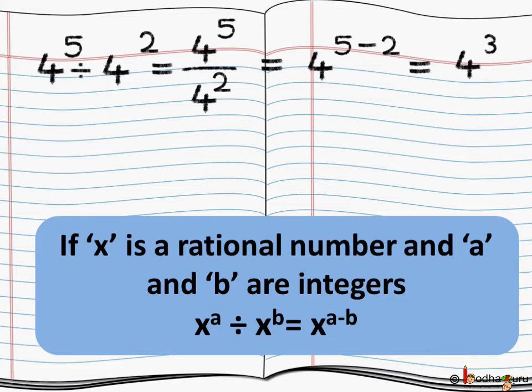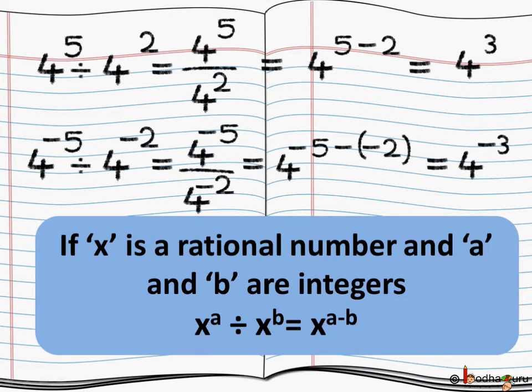So in this case, 4 to the power 5 divided by 4 to the power 2 is equal to 4 to the power 5 minus 2, and this becomes equal to 4 to the power 3. Another example, where the powers are negative: 4 to the power minus 5 divided by 4 to the power minus 2.